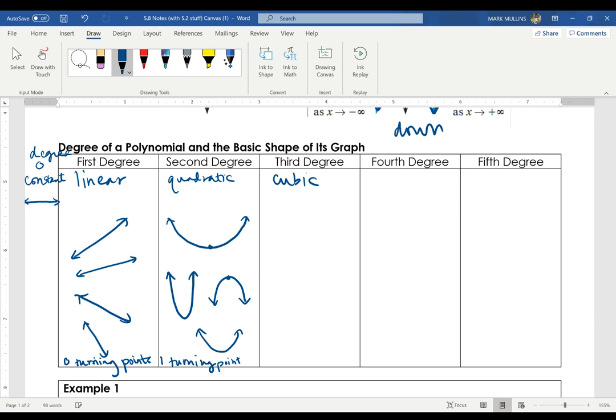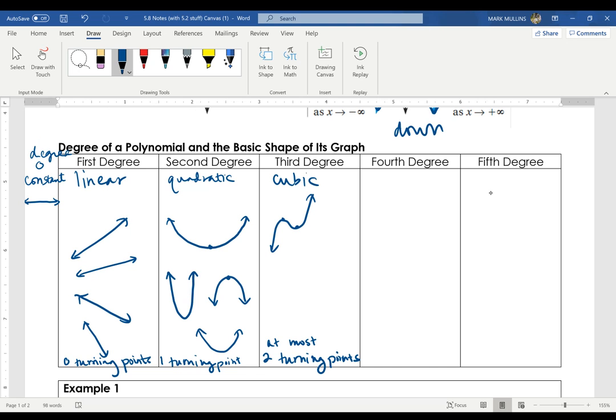So third degree is a cubic graph. And you might expect this pattern continues. If first degree has 0 turning points, second degree has 1 turning point, then a cubic graph will have at most 2 turning points. So if it's positive, it could look like this. So here's my 1, 2 turning points.